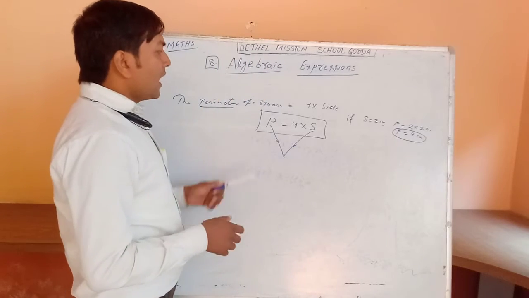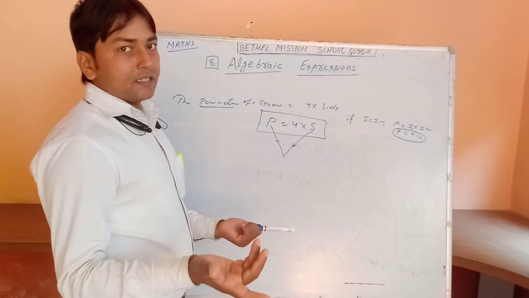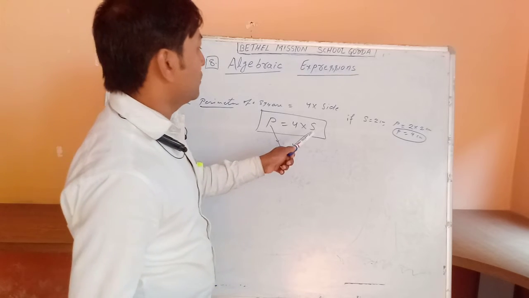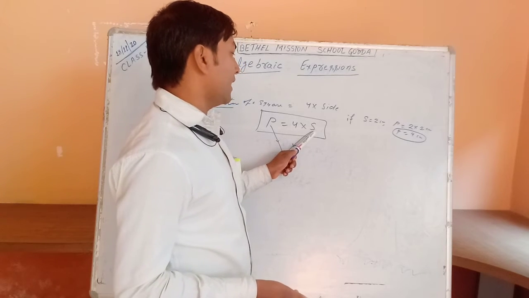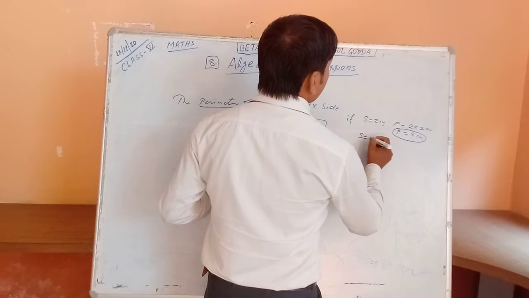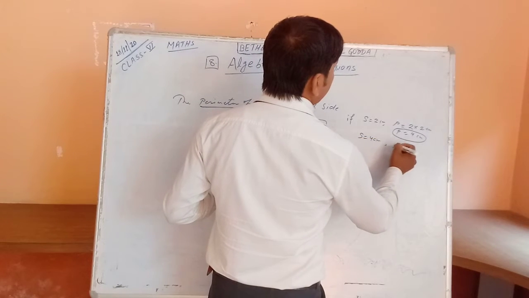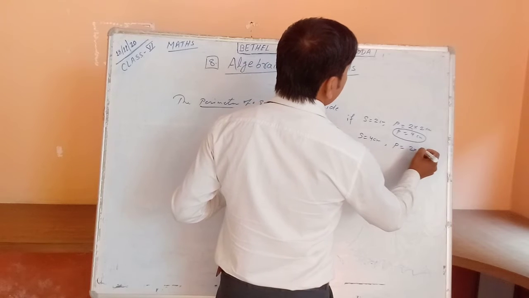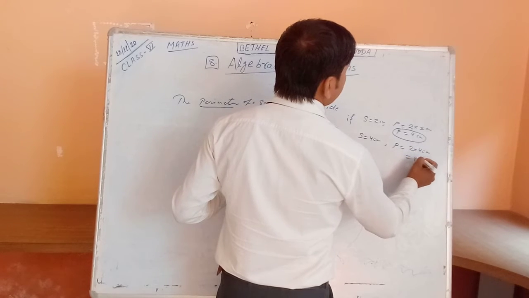And these two vary. If S changes, say S equals 4 centimeter, then P equals 2 into 4 centimeter, which is 8 centimeter.